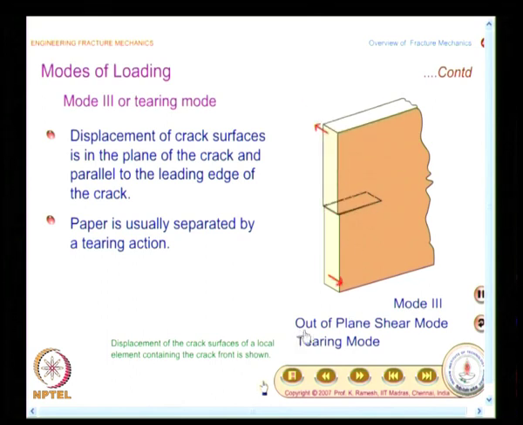It is called the out-of-plane shear mode, also the tearing mode, and we have already seen paper is usually separated by a tearing action, because if somebody gives you a sheet of paper and asks you to separate it, you will not pull it like this, you will make a fold and tear it like this, and that is much more convenient. Paper fails easily by tearing action.